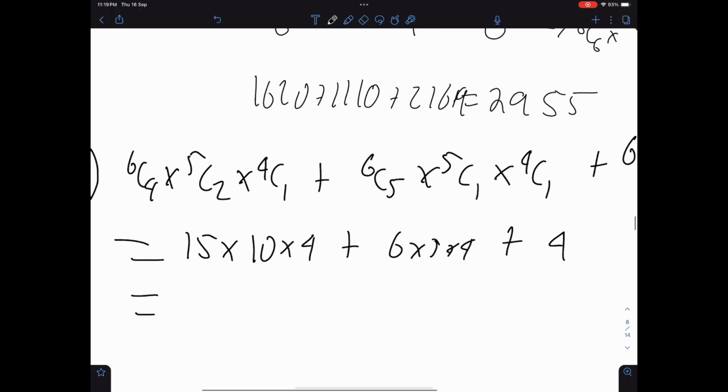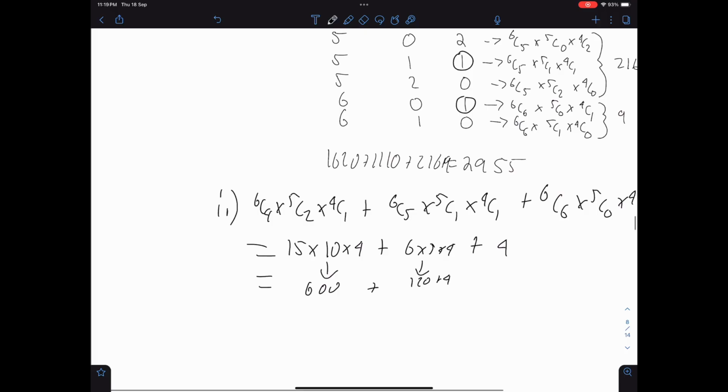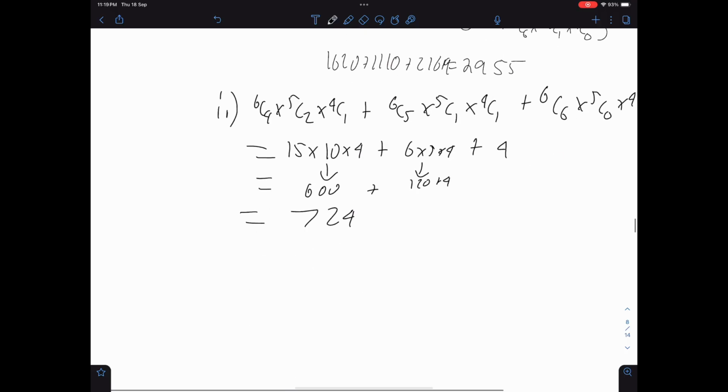So this is 120, and that's 40 times 15, so that must be like 600. So that gives us 724.